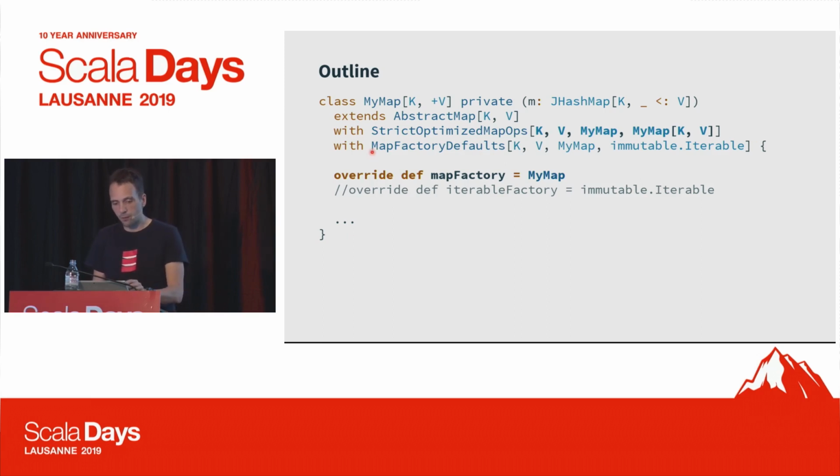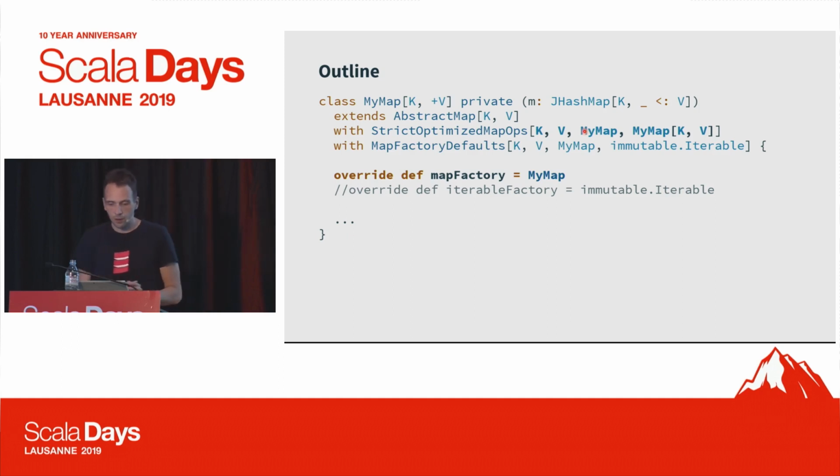We also extend MapFactoryDefaults because, again, we have this relationship. We have MyMap of K, comma V for MyMap and K and V. So all we have to do is override a mapFactory method. You'll notice that this is now a MapFactory. It's not IterableFactory.